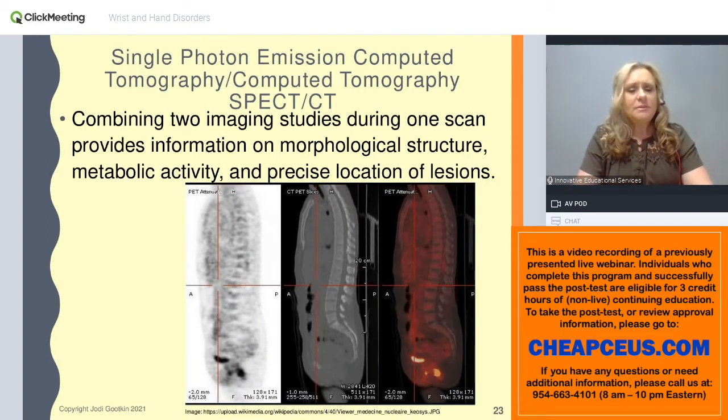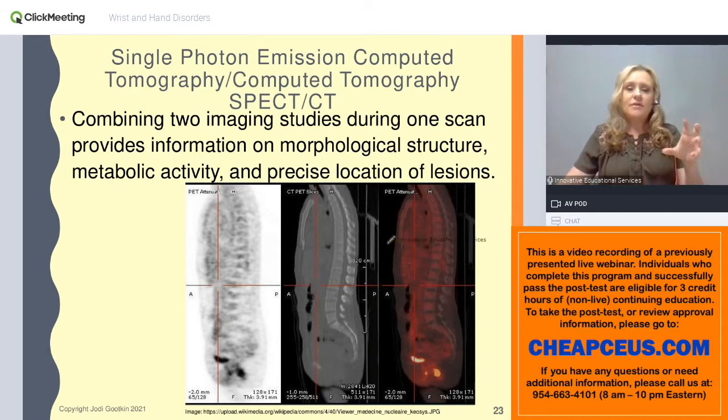I couldn't find an image for this of the hand, but this represents how the SPECT-CT is being utilized. When the CT scan is done, it gives a great representation of the anatomy in the area. The PET scans are going to give feedback on metabolic activity.